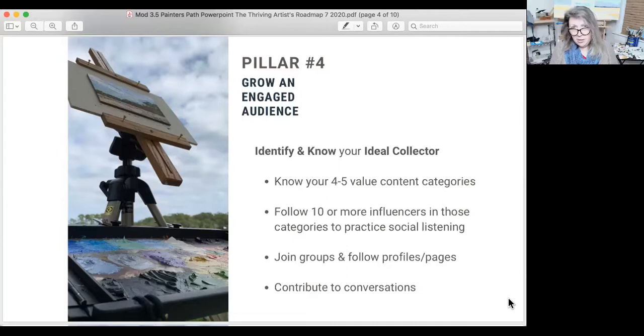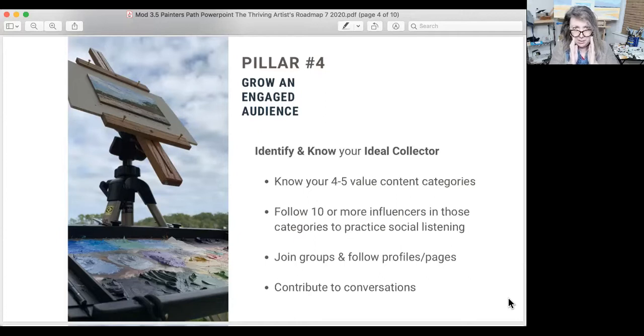Identifying and knowing your ideal collector comes from actually attracting that ideal collector, from knowing what is important to you. People don't buy paintings just because they like the painting. They buy the painting because they have an emotional connection to the painting and to the artist who made it. So in order to build that connection, you need to attract collectors who are in alignment with you.